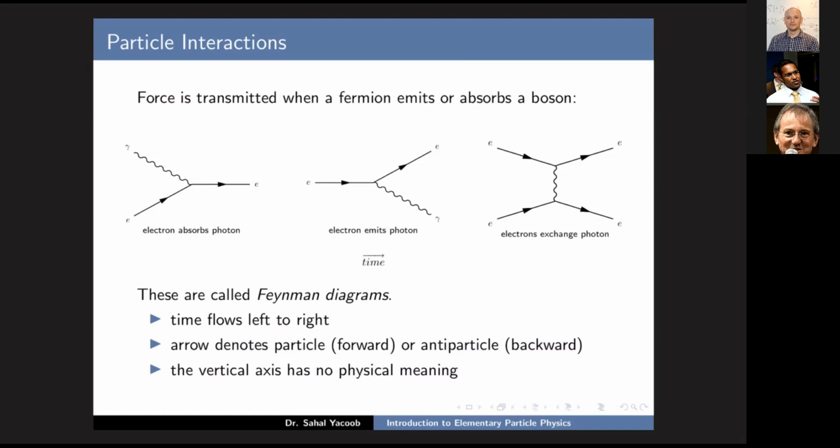And the vertical axis really doesn't have much physical meaning. At this point, we're not saying the photon and the electron are actually physically closer together. All that matters is that we started with a photon and an electron, they interacted, and afterwards we just had an excited electron.